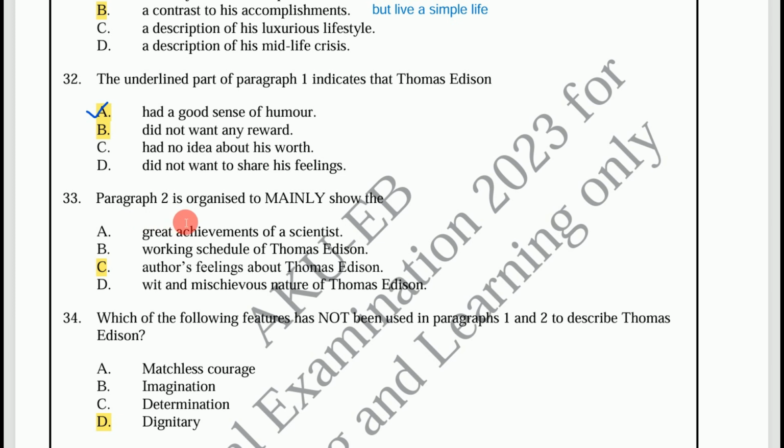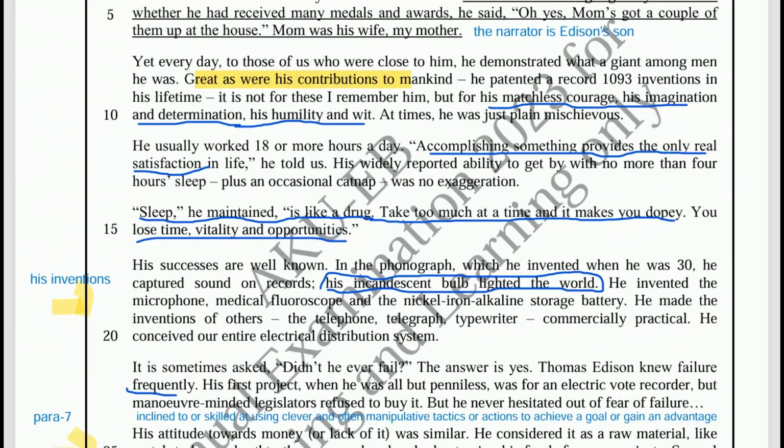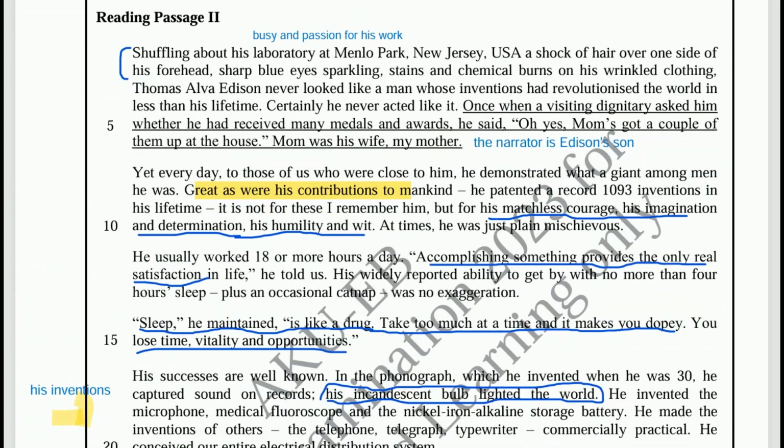Paragraph 2 is organized to mainly show what? We will skim paragraph 2 and look for its organization, how the information is organized. Paragraph 2, skim it. Yet every day, those of us who were close to him demonstrated great... Okay, it is talking about the contribution of Thomas Edison to mankind. It is talking about his inventions, that there are 1093 inventions in his lifetime.